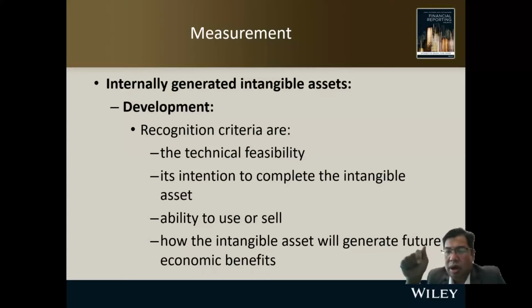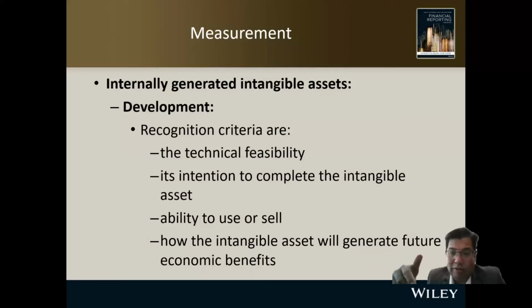Number two, you have the intention to complete the intangible asset. Number three, the output will be able to be used or sold. For example, the company's output, the COVID vaccine, can be used or sold.